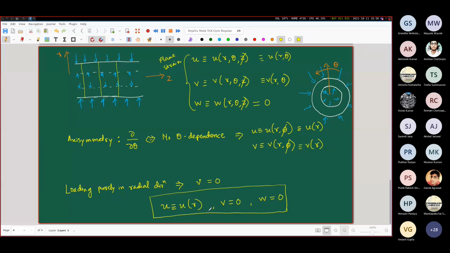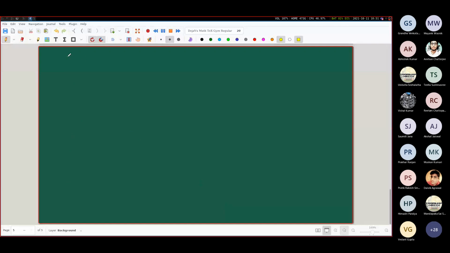Next, what I'm going to consider from now on is a very standard thing. Whatever I'm going to discuss next, I could have easily put as a tutorial problem. But anyway, let me just tell you the key steps which I'm going to do. So from plane strain, I can say that epsilon ZZ is equal to 0.